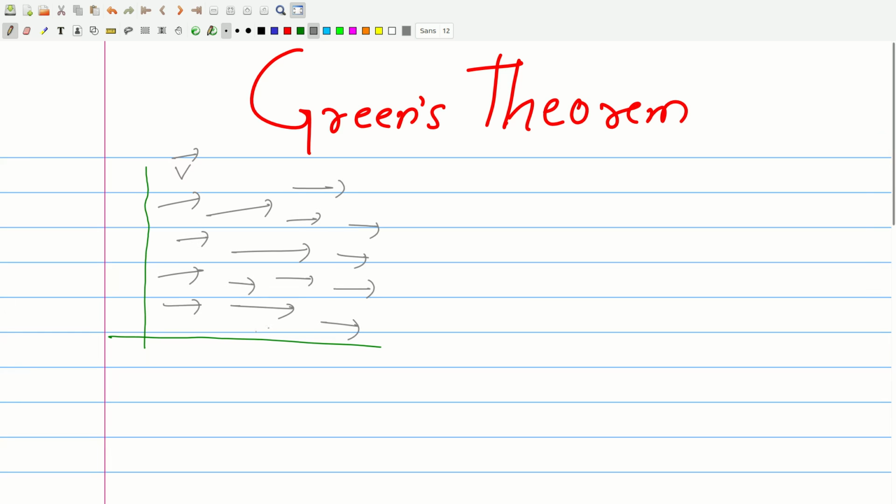It can have other forms depending on how this vector field V is described in terms of x and y.